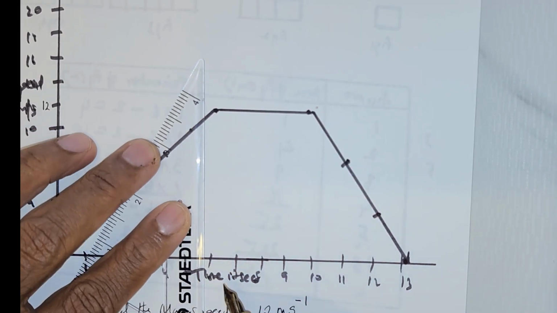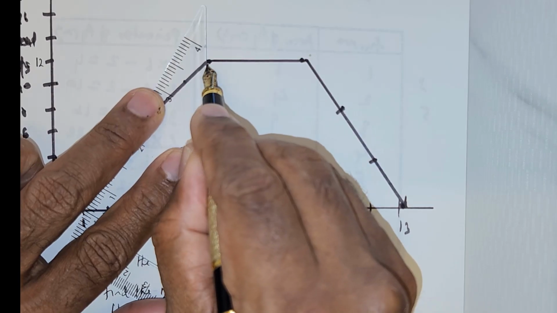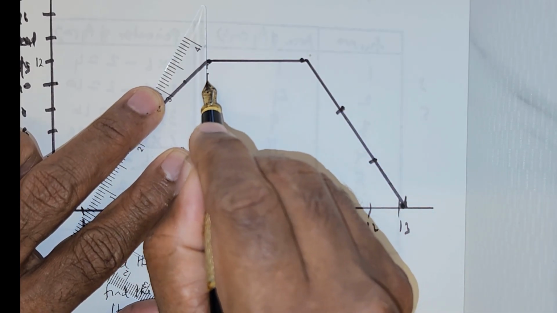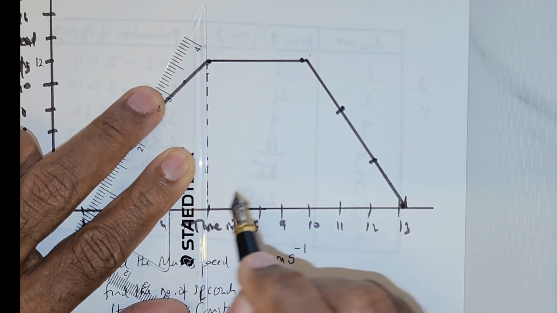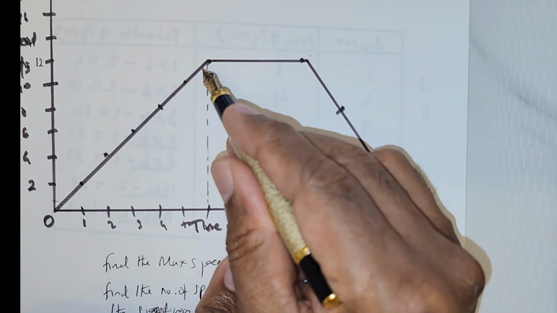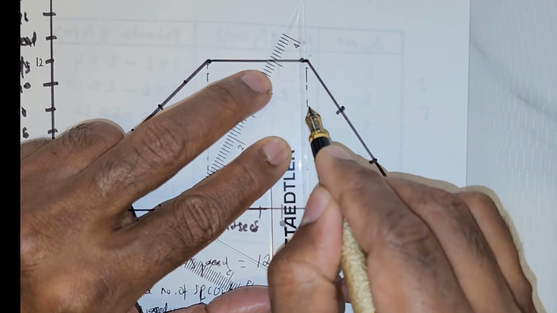Now at time 6, the speed is hitting this point. Okay, this is the spot. It is hitting this maximum speed, and the athlete is keeping the maximum speed from time t is equal to 6 to time t is equal to 10 seconds.